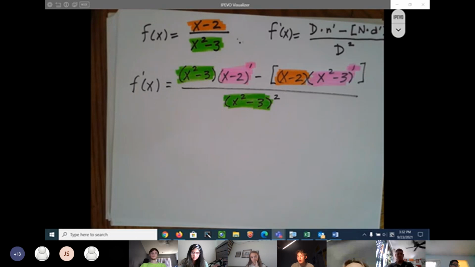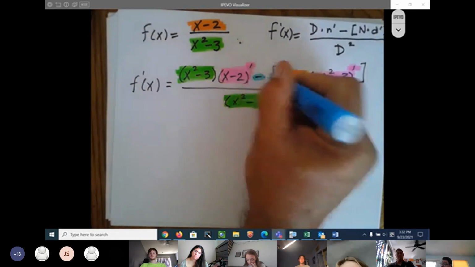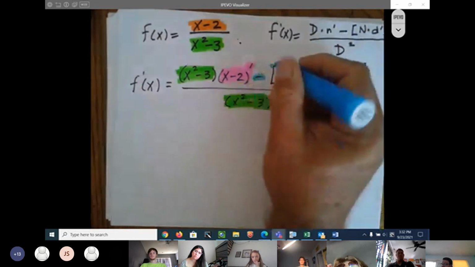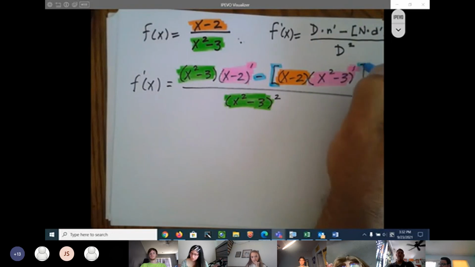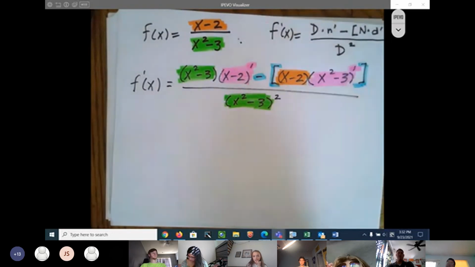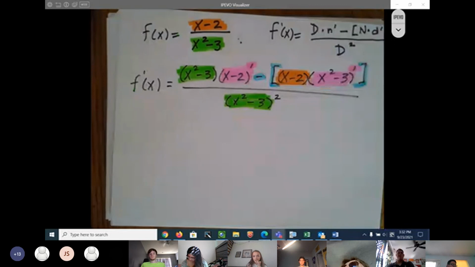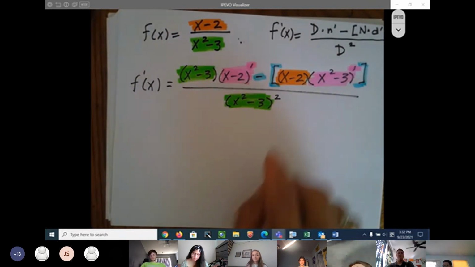All right, I'm going to highlight it in blue. Here it is in blue. Why did I do brackets right here? And why did I highlight that negative? To attribute the negative to the rest of what's in the brackets.